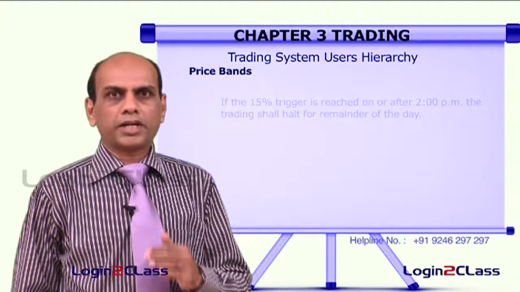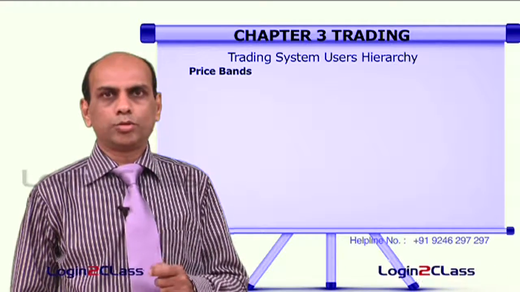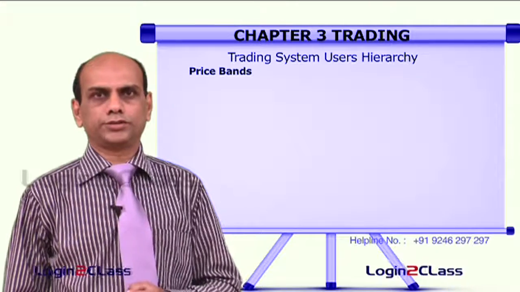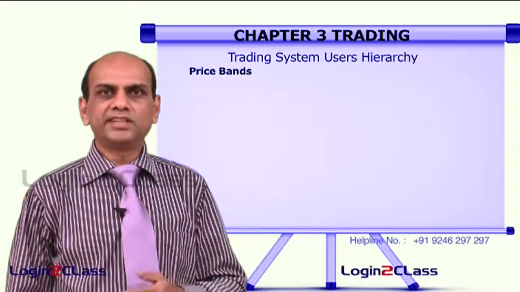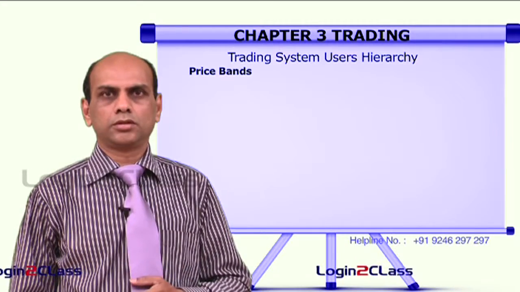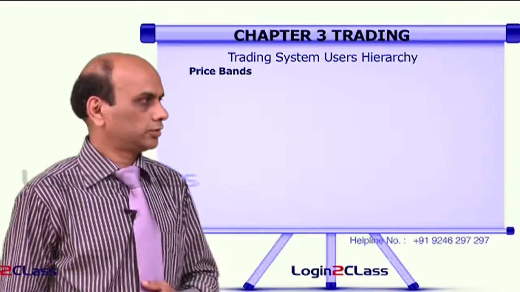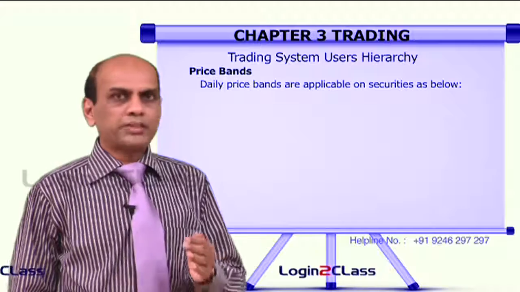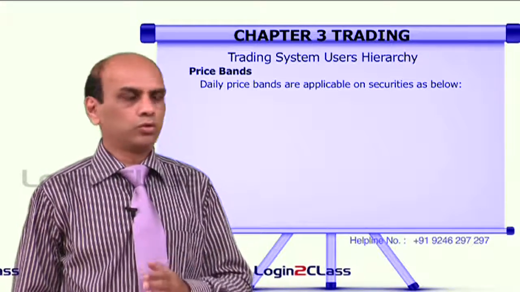Let's come to price bands. These price bands are provided for individual securities to control high volatility or heavy manipulation during the market hours in different securities. Daily price bands are applicable on securities as below.